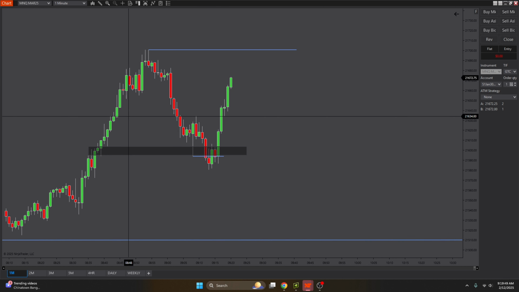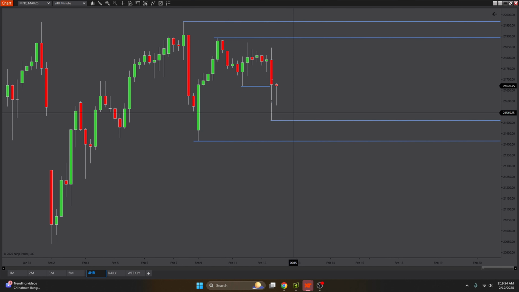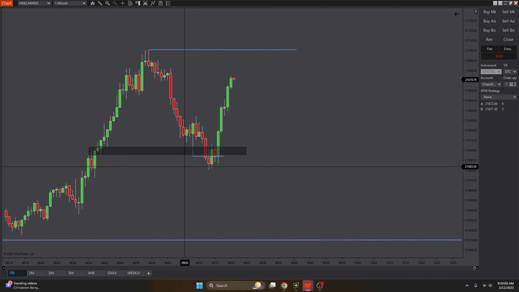And the reason being is because, like I said, I want to see these highs taken right here. So okay with risking that for the higher time frame play. Let me look at this.